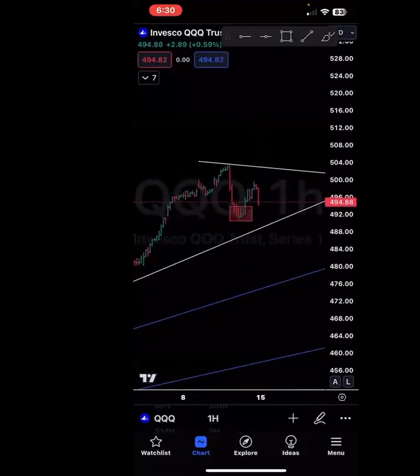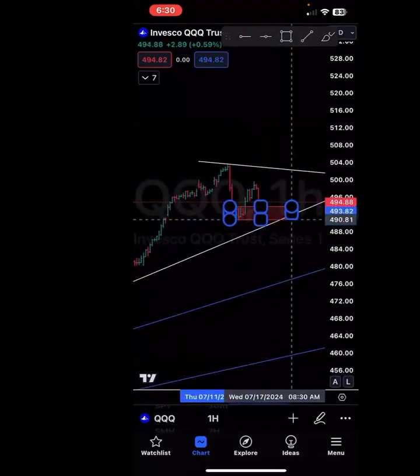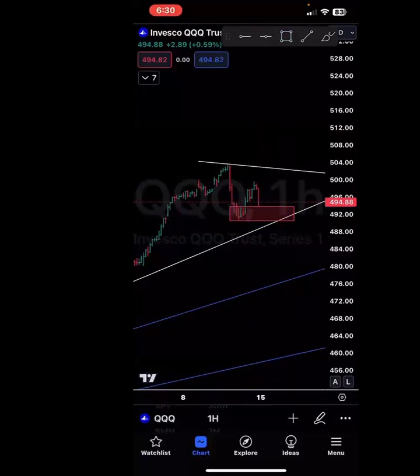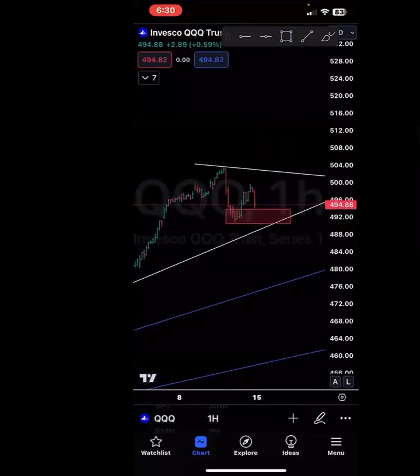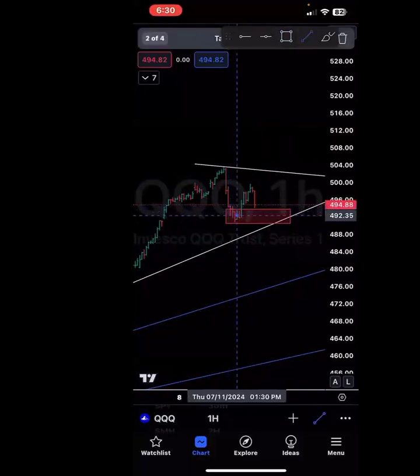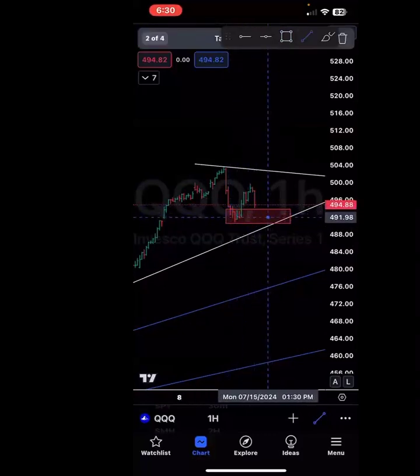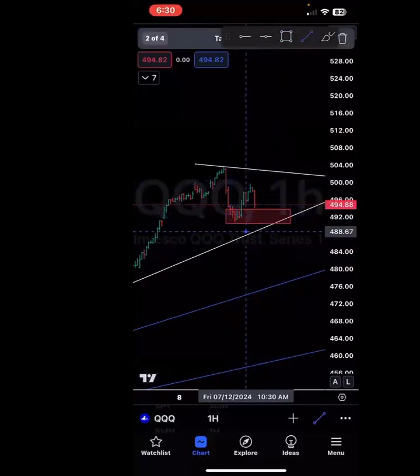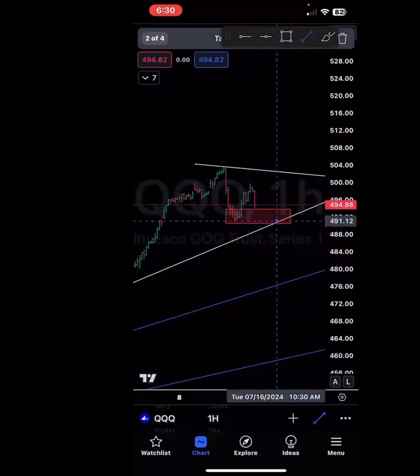That'll be a level of support. So anywhere around here, I can expect this price action to start being respected for the move back up, anywhere close to this rising trend line.